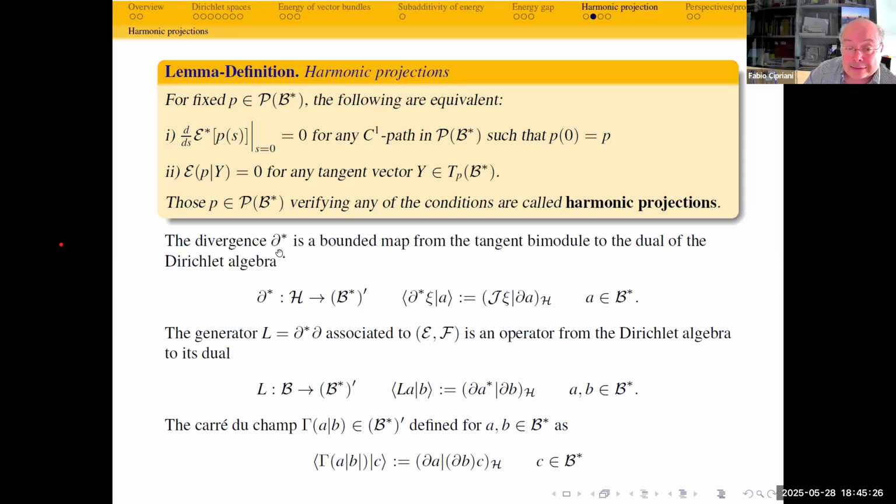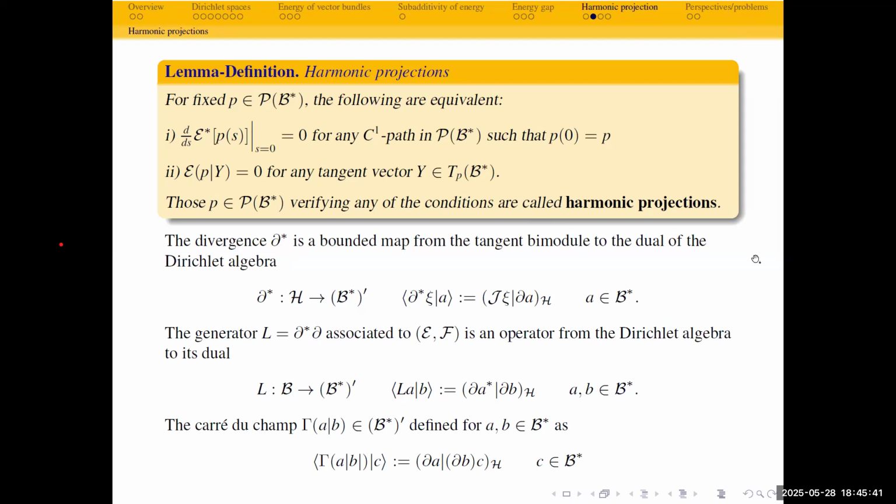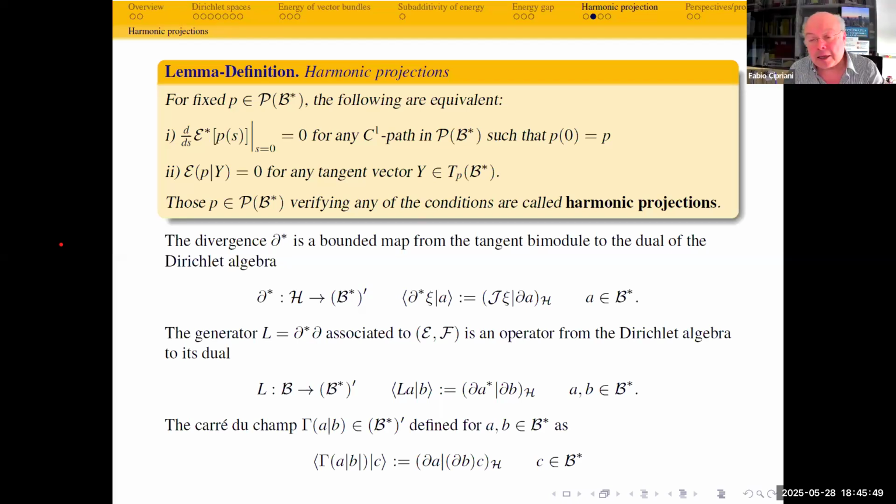Now, the divergence operator, the adjoint of the derivation, which is underlying the Dirichlet form. May I have a question? Yes. Is this critical point the minimum of the Dirichlet functional? No, any critical point.